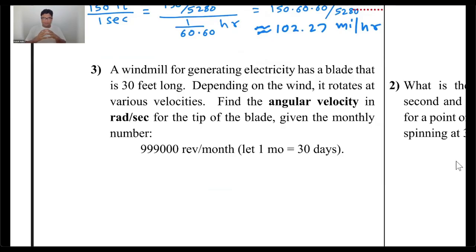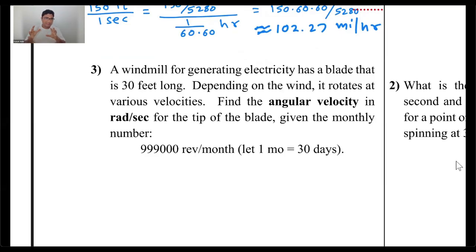Okay, a windmill for generating electricity has a blade that is 300 feet long. Depending on the wind, it rotates at various velocities. Find the angular velocity in radians per second for the tip of the blade given the monthly number. See, now here's the thing.